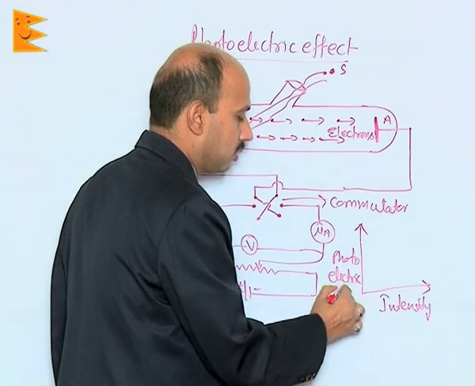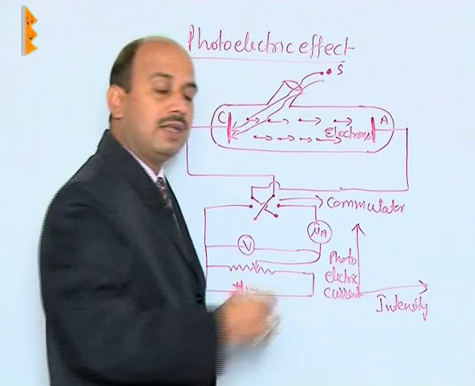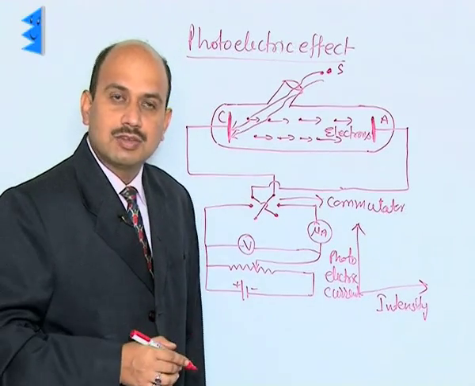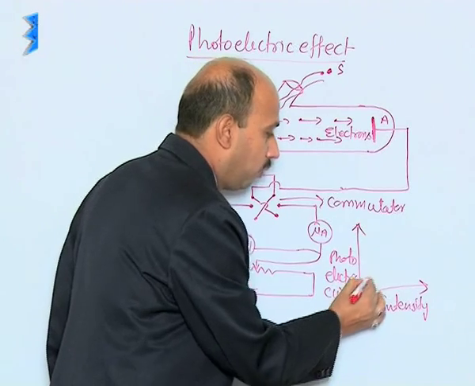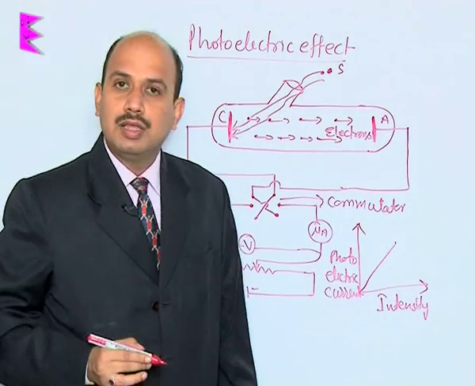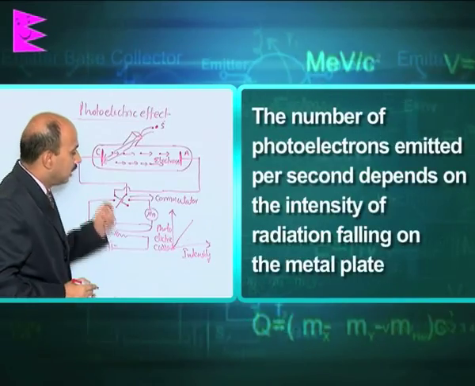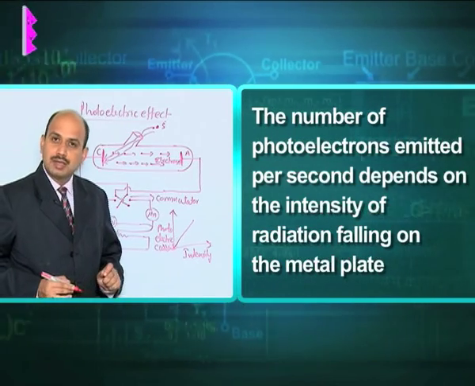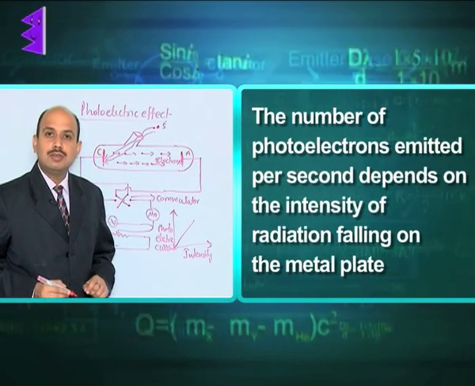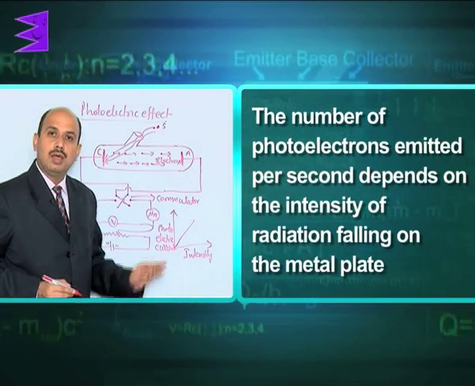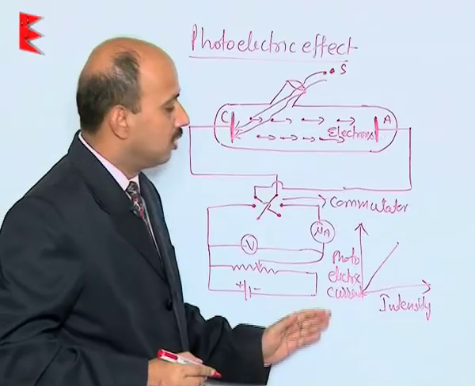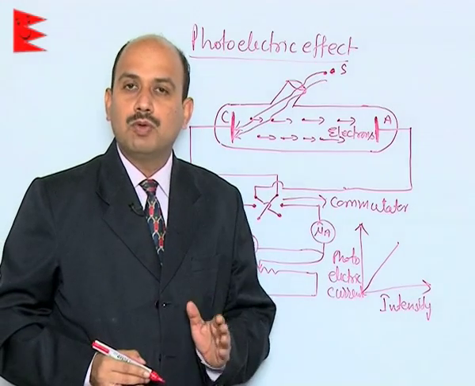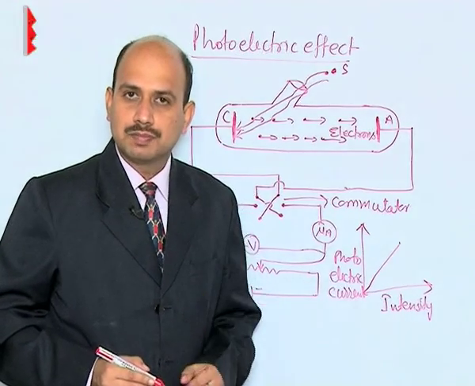When the intensity of radiation is increased, keeping frequency constant, it is found that the photoelectric current increases linearly. It means the number of photoelectrons emitted per second depends on the intensity of the radiation falling on the emitter plate C.